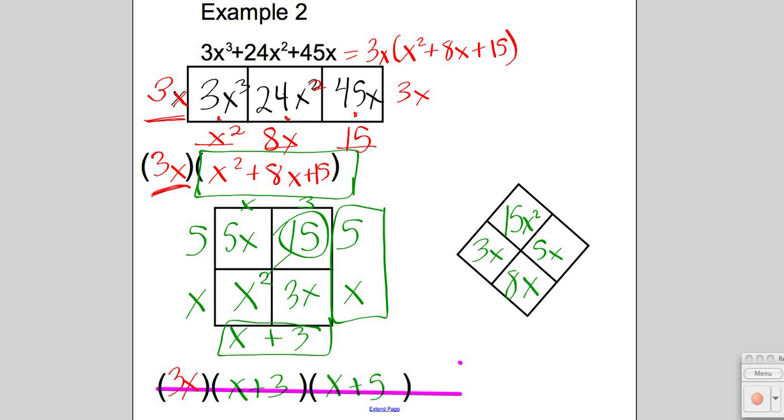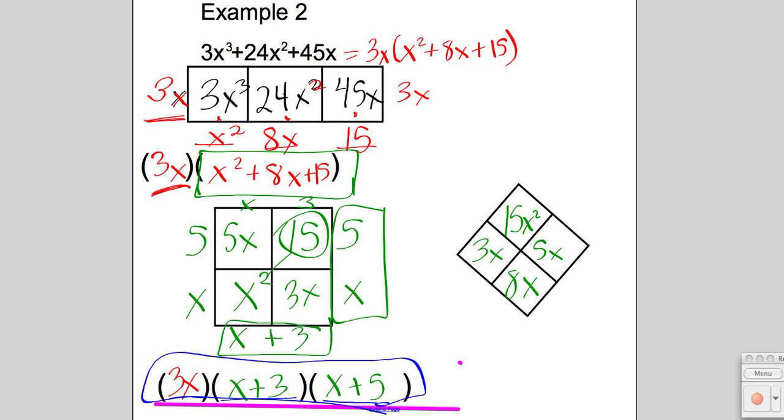This is the correct solution to the question that asks us to factor completely, because it's written in simplest form, where inside of each parenthesis is the simplest expression possible. That's as factored as it gets. So there's your final solution. Again, this is equal to, the same exact value as all of this up here. It's just written in a different way, and it's factored completely.